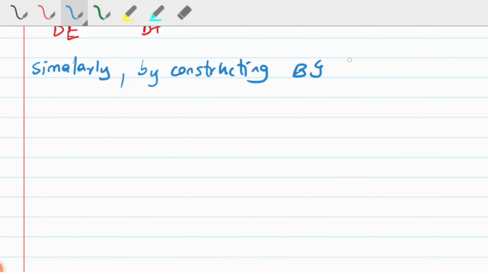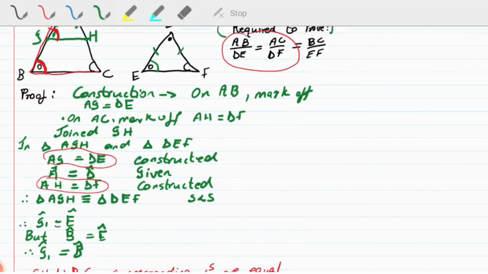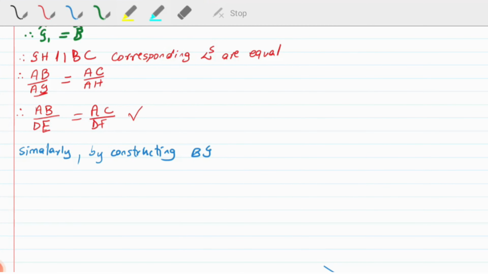Since we're going to follow the same steps, we're just going to use the word similarly, by constructing BG and BH on AB and BC respectively.